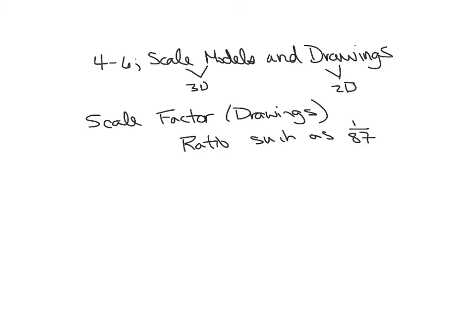And what that means is that each dimension of the drawing is 1/87th of the corresponding dimension. So, and then we have scale, okay, and a scale goes with models. And it is a ratio between two sets of measurements.